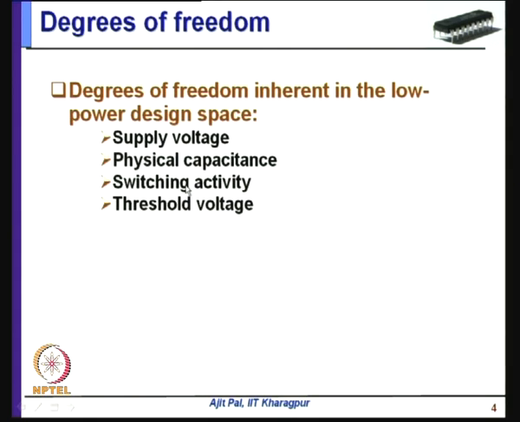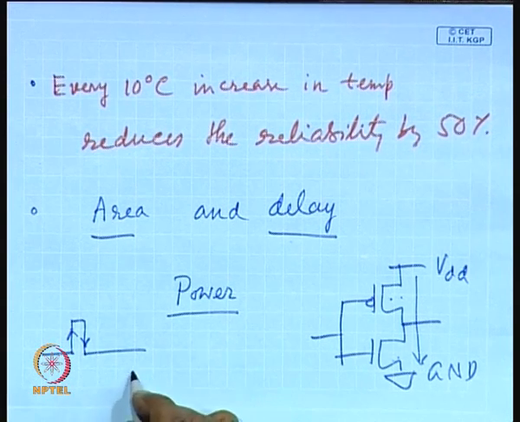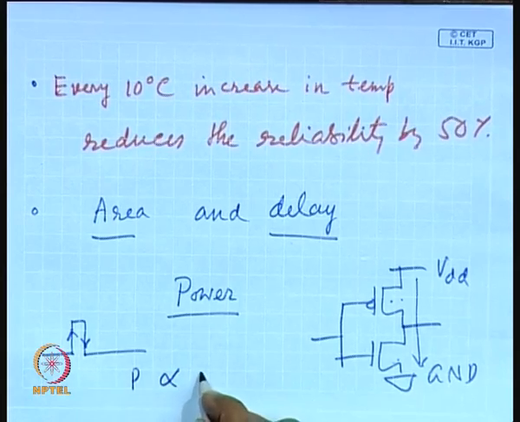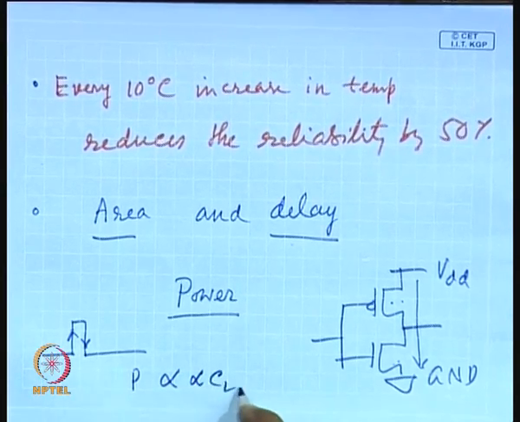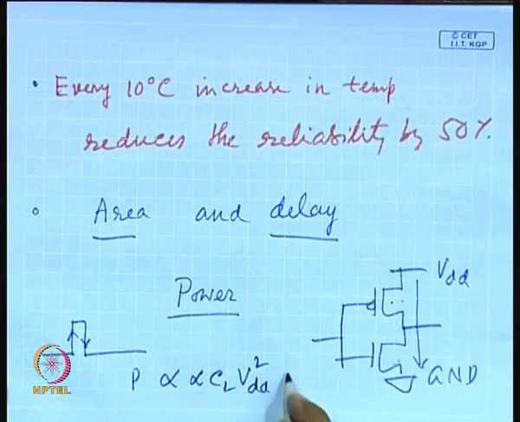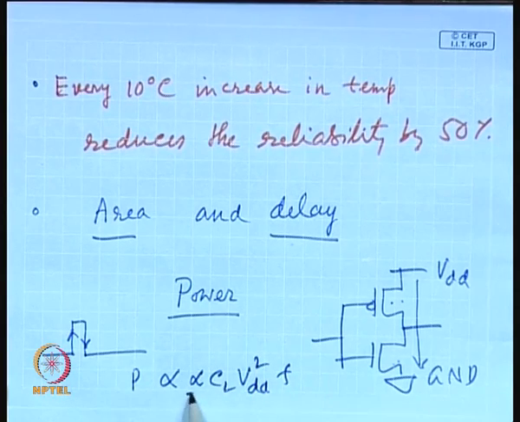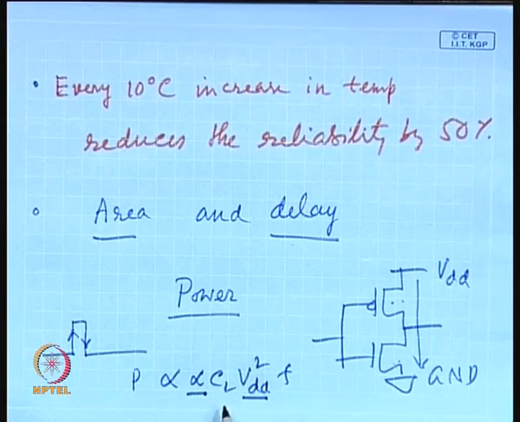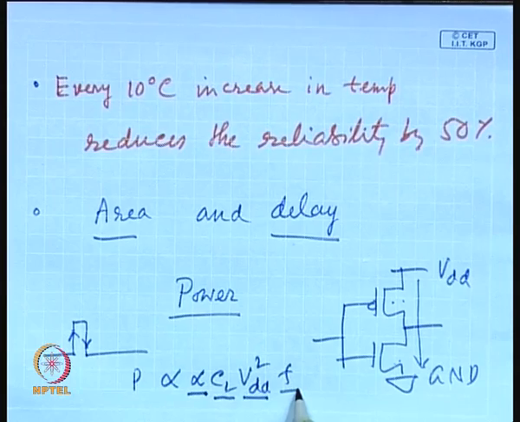These three are responsible for the switching power dissipation. As we know, power dissipation is proportional to alpha, CL, VDD square and F. So, alpha is the switching activity, VDD is the supply voltage, CL is the physical capacitance and F is the frequency of operation. These are the parameters which we can control to reduce the dynamic power.